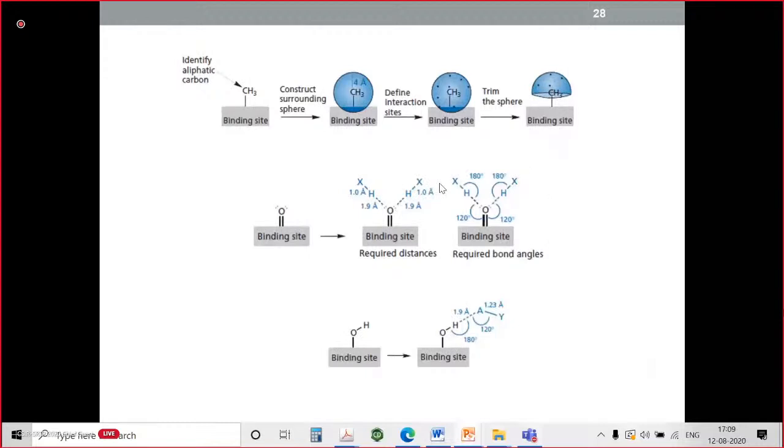So if the binding site has a carbonyl, then there are two possibilities from left and right side. And if the binding site has the hydroxyl functional group as the hydrogen bond donor, then it has one probability.